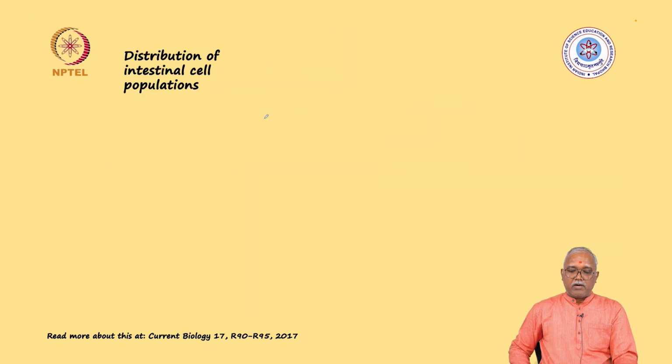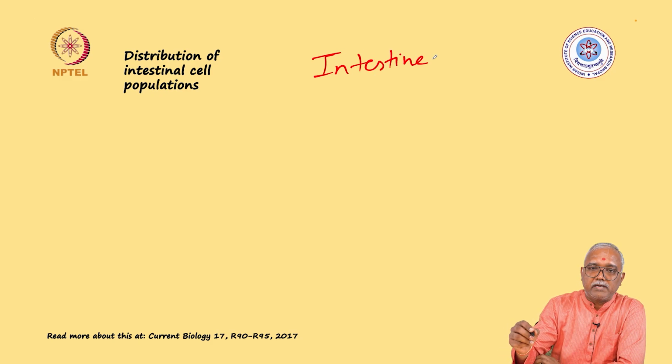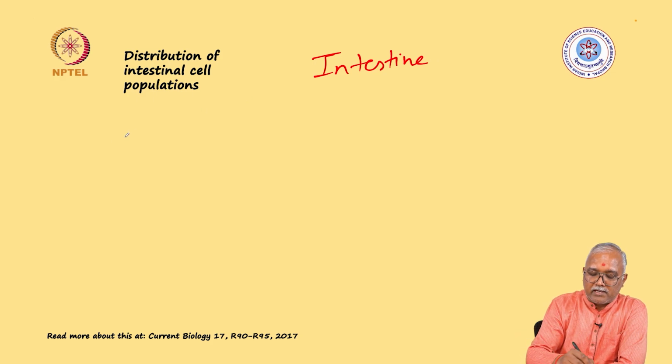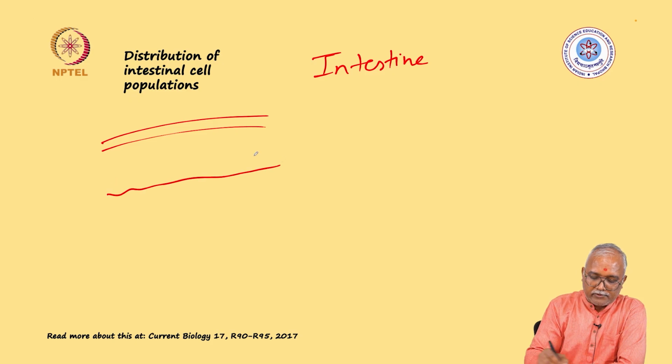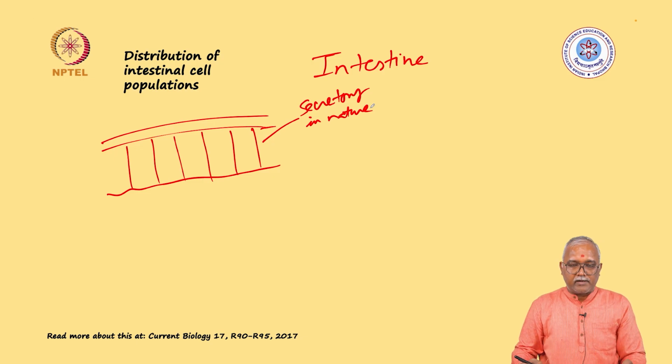Then there is something called distribution of cells, and here we take particularly the example of the intestine. There are different regions in the intestine. Within the intestine, there are cells. If I say this is the intestine region, there are cells which are secretory in nature and cells which are non-secretory in nature.